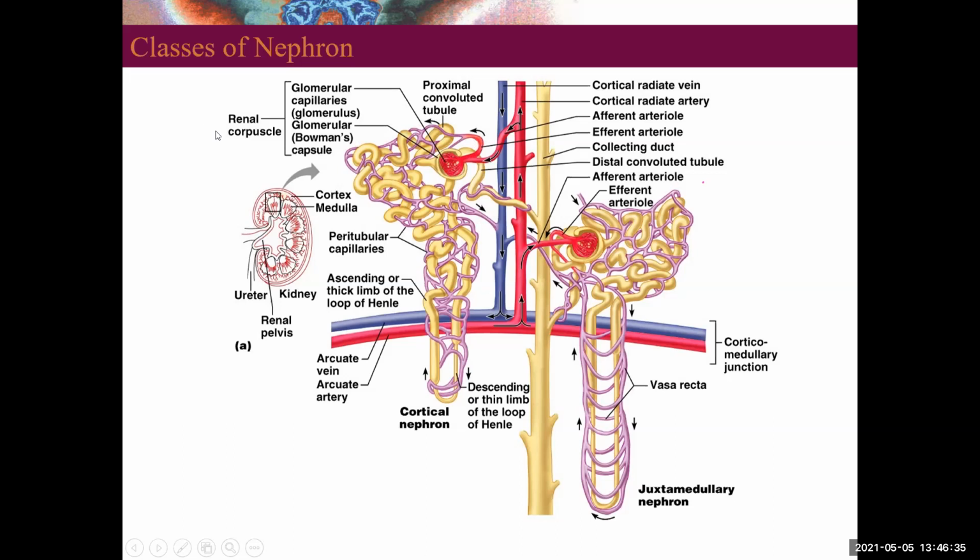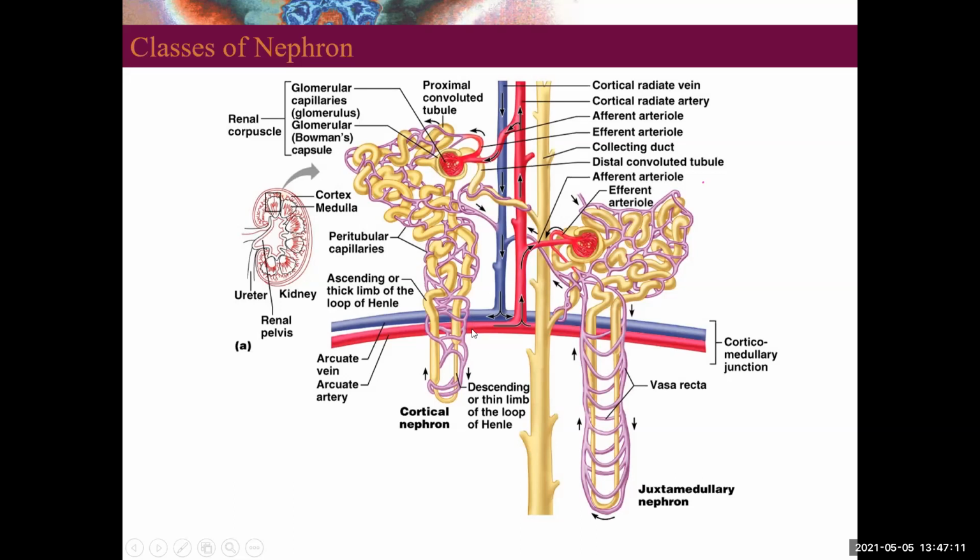Okay. So what are the renal corpuscles composed of here? Glomerular capillaries, which is called the glomerulus, and the glomerular capsule, which is called Bowman's capsule. These two structures are the renal corpuscle. Now this artery branches and becomes the veins, which intertwine around the tubules, and that's why we call them peritubular capillaries.